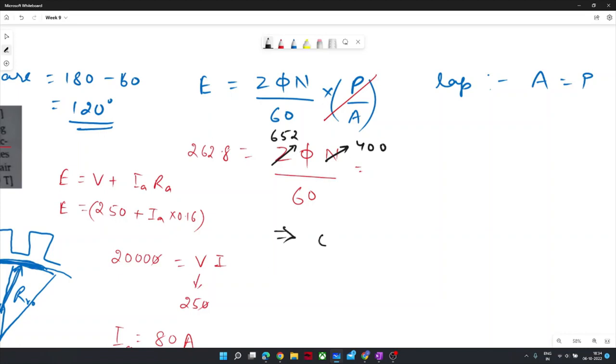By putting all the values, you will get the value of flux per pole that I have computed here, and that you will get about 0.0603 Weber. So we got flux per pole. So we applied 2, 3 concepts of the DC machine in this problem.